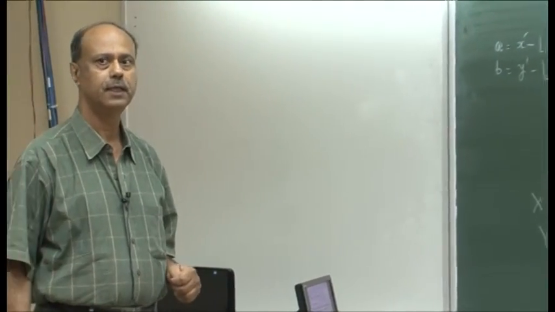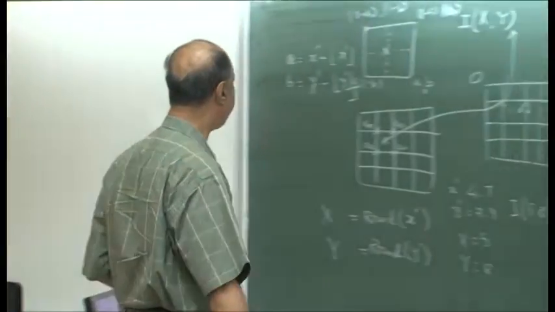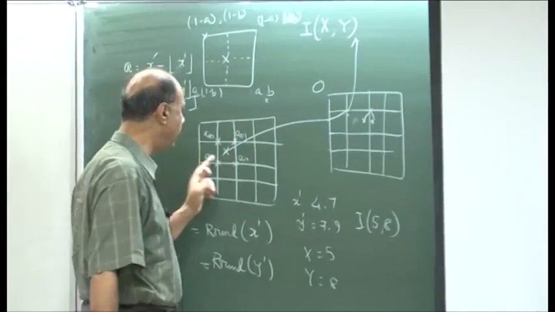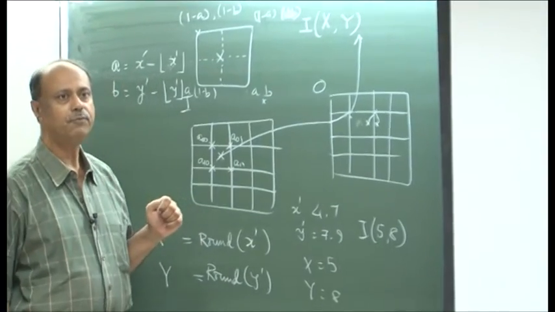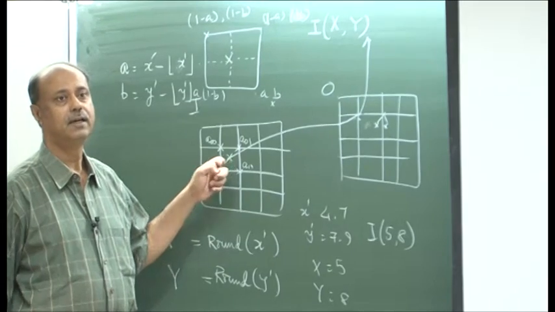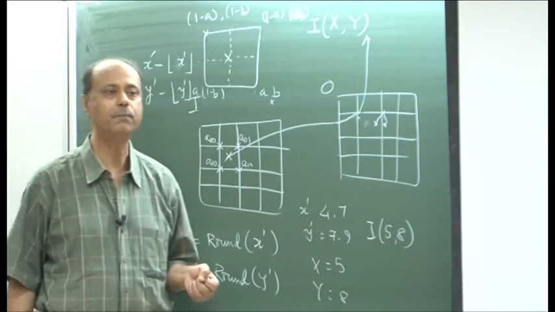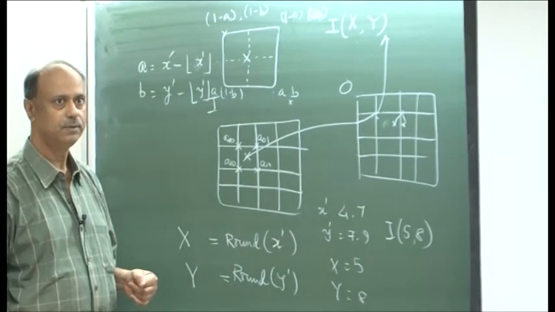Agreed? Is it clear? In that process, since I am giving weightage to all the 4 neighbors, the stepwise boundary effect will be minimum. It need not be 0, but it will be as minimum as possible.